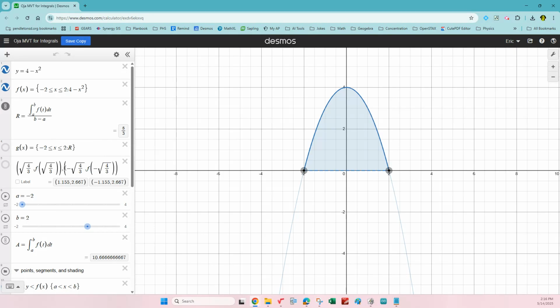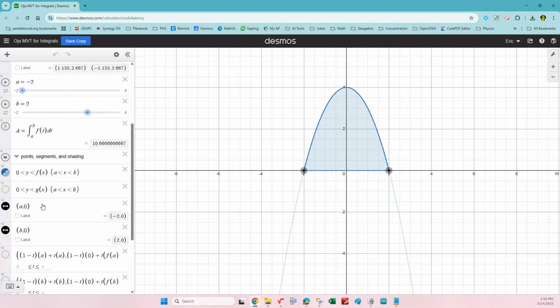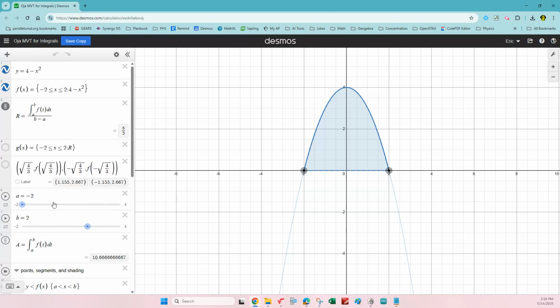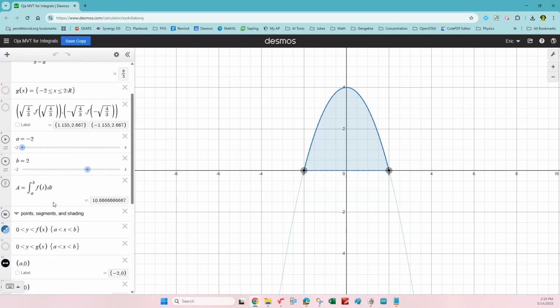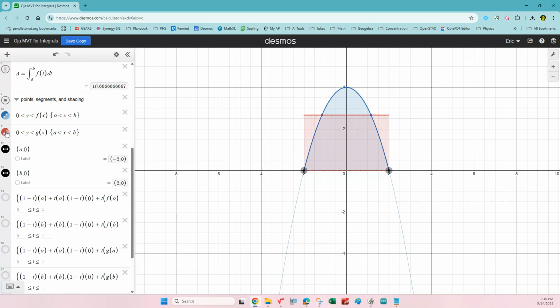If I want to graph the area, I think I can do that somewhere here. Okay, there it is, right? So there's the redistributed area.